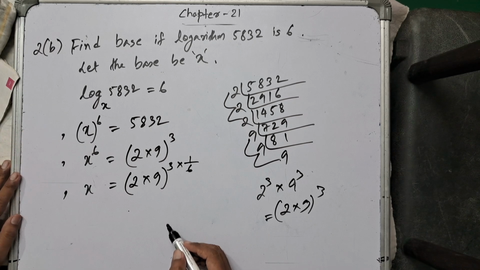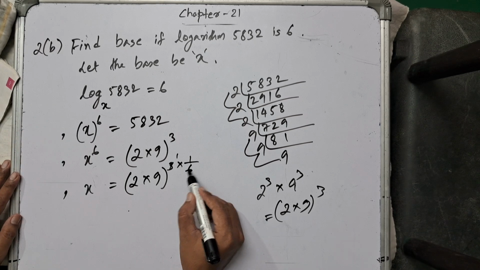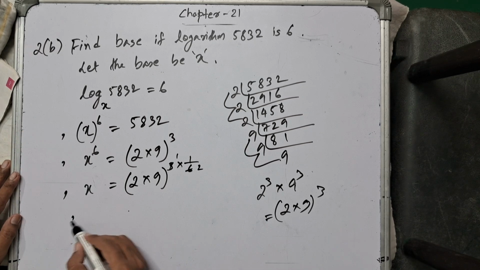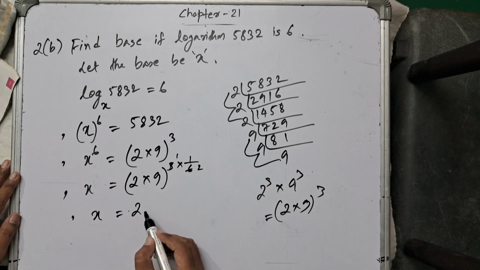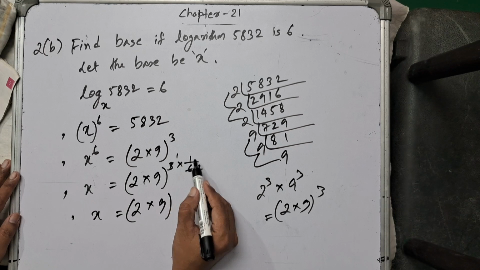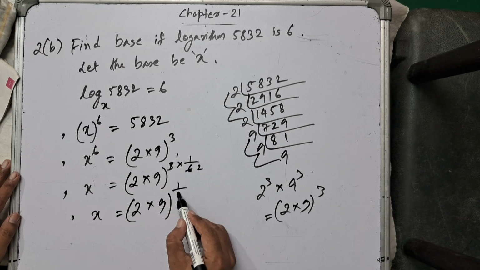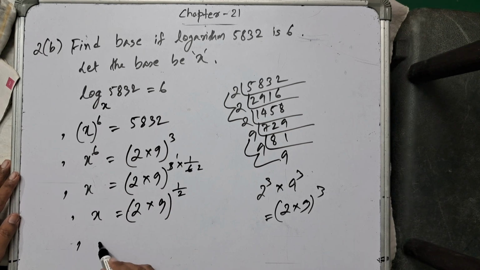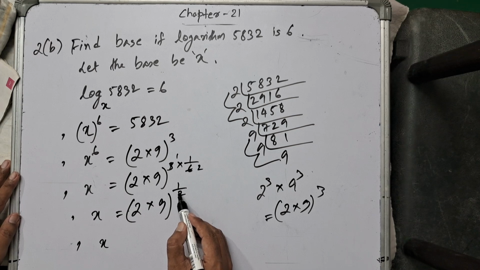Now 3 1s are 3, 3 2s are 6. Or x equal to 2 into 9 to the power 1 in the numerator and 2 in the denominator, 1 upon 2. Or x to the power 1 upon 2 means root, isn't it?